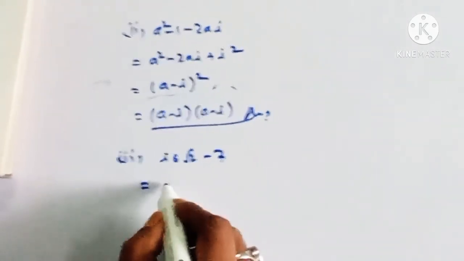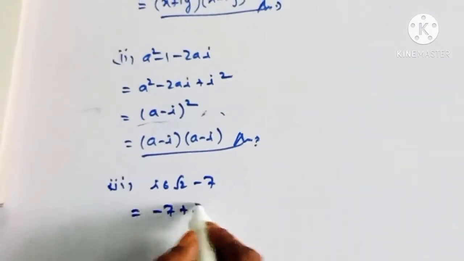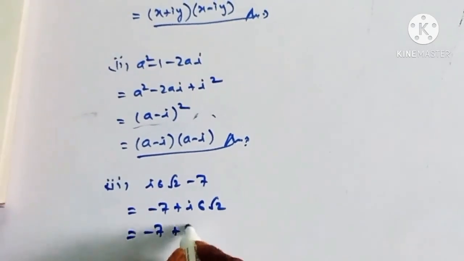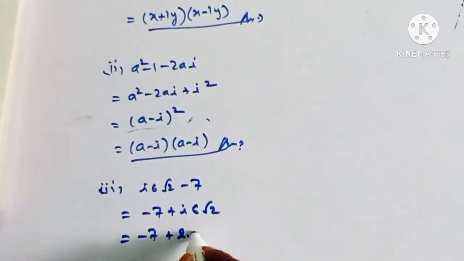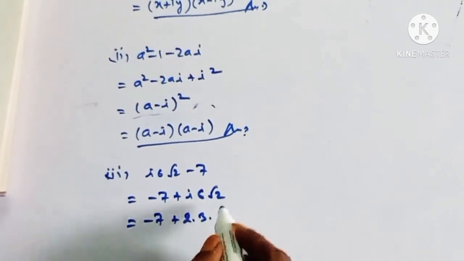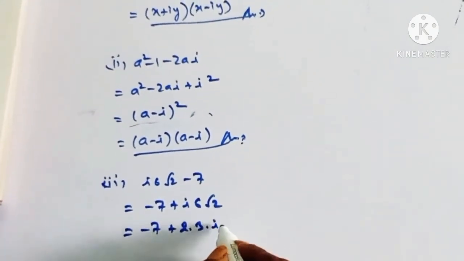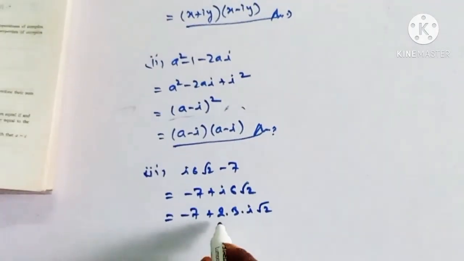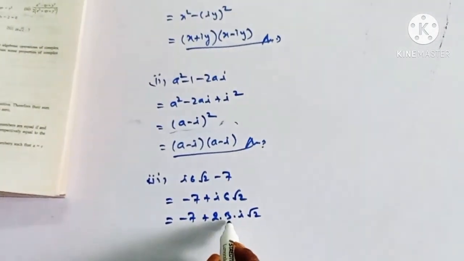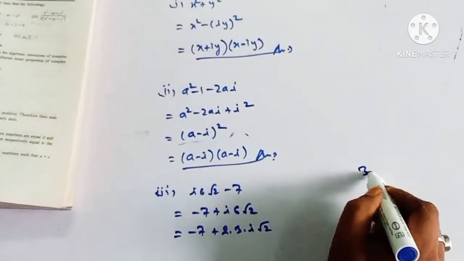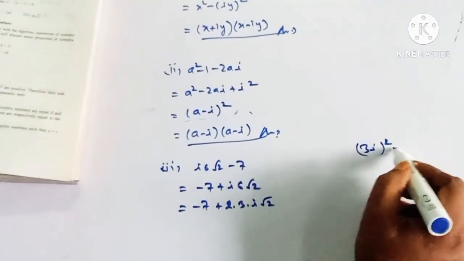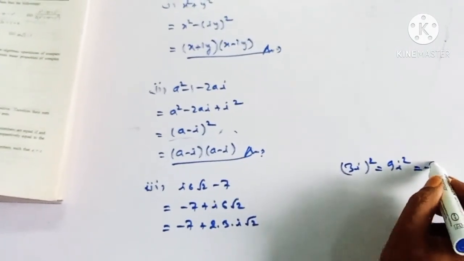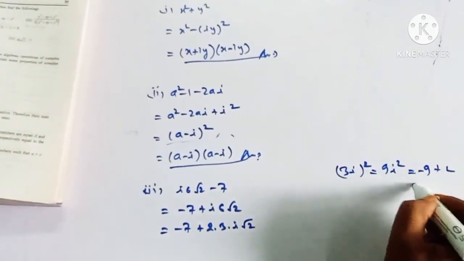I can write like this: minus 7 plus i 6 root 2, so this will be minus 7 plus 2 into 3 into i into root 2. This is a rough check: 3i square, that is 9i square, that means minus 9, and plus 2 comes to minus 7.